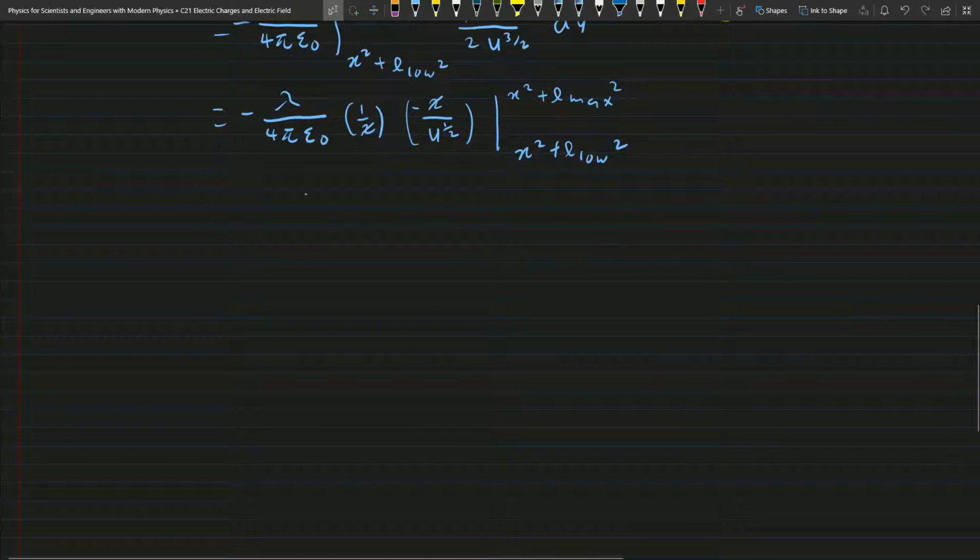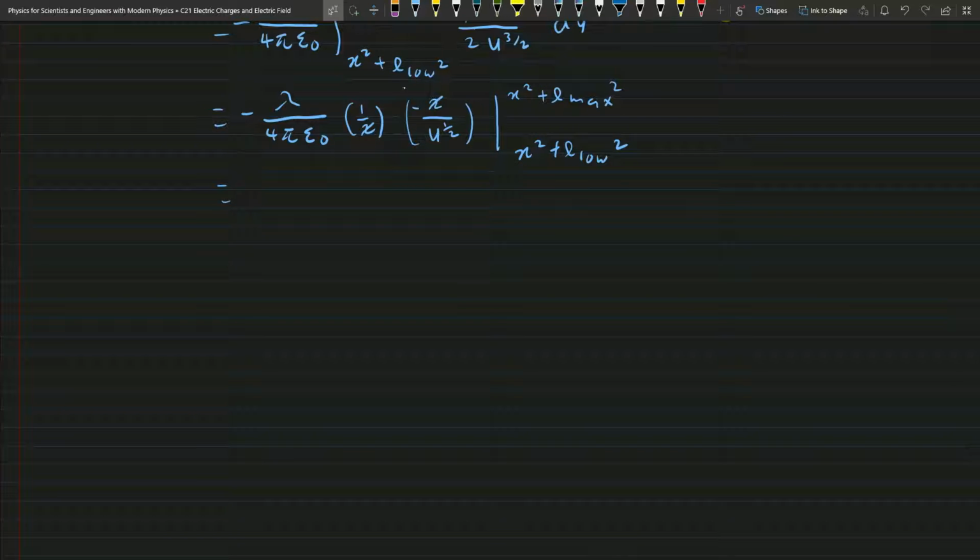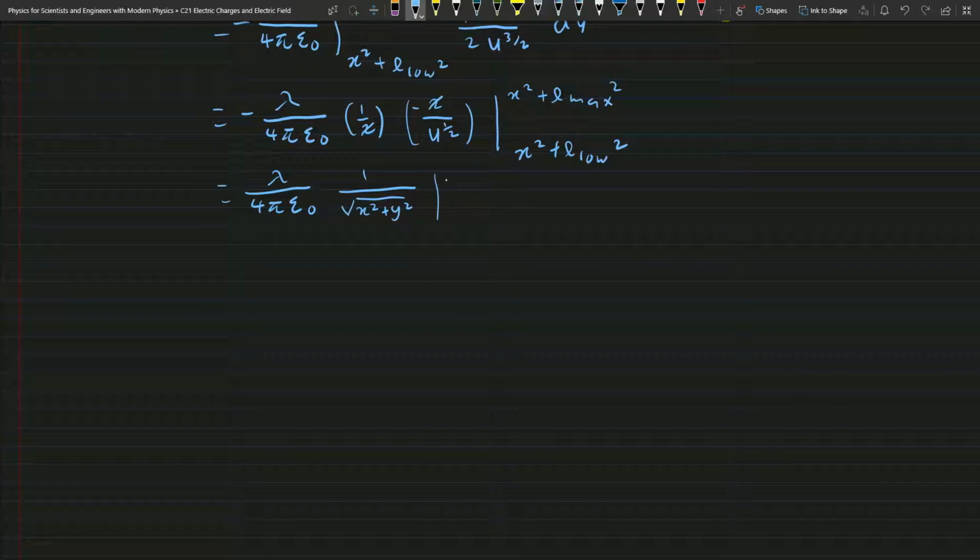So these two can be cancelled out, and the negative negative gives the positive. Lambda over 4 pi epsilon. So we change it back in terms of y, we get the square root of x squared plus y squared, from L max to L low.